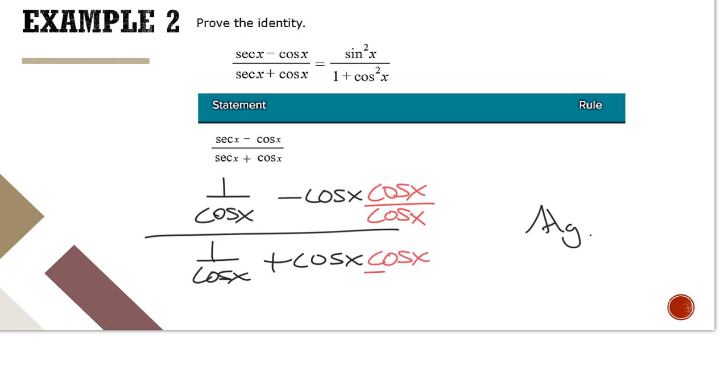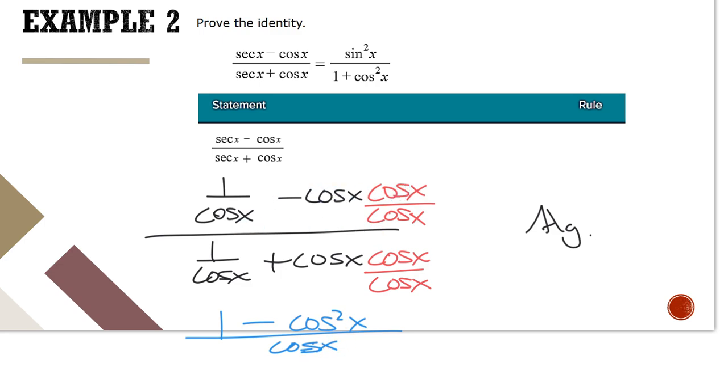If I multiply by cosine of x over cosine of x to both of those, I get 1 minus cosine squared of x over that cosine of x. So I can combine this as 1 minus cosine squared, putting it as one fraction over cosine of x.